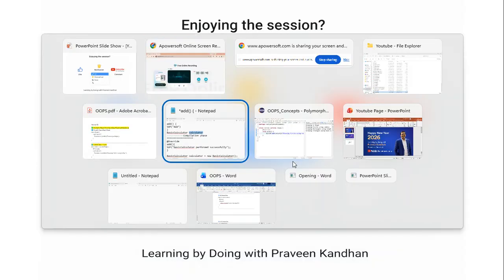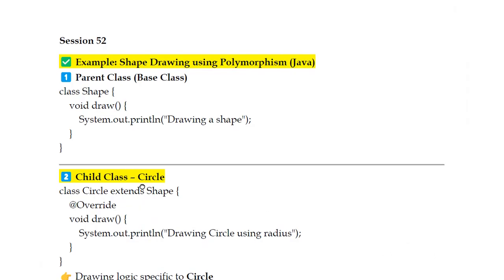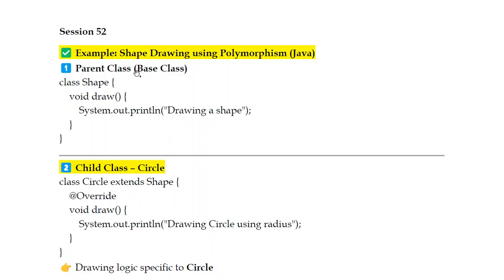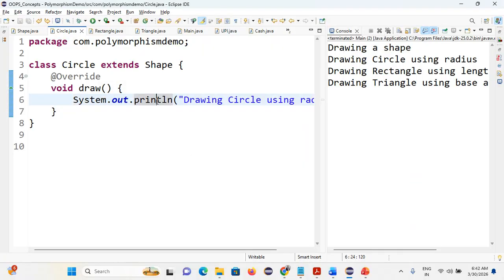Let's get started. In our previous session, we discussed and I executed how runtime polymorphism happens. Kindly watch session number 51 first. Using the shape example, we discussed how polymorphism happens, already executed in Eclipse itself.